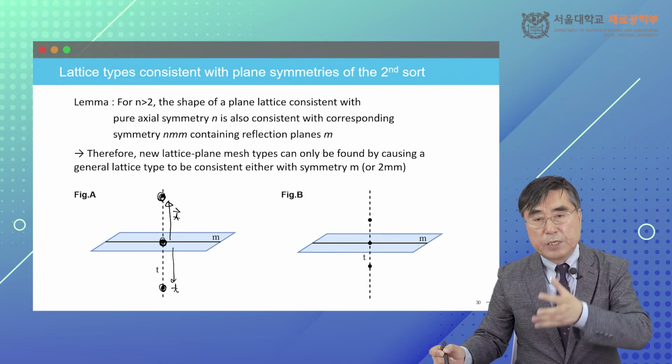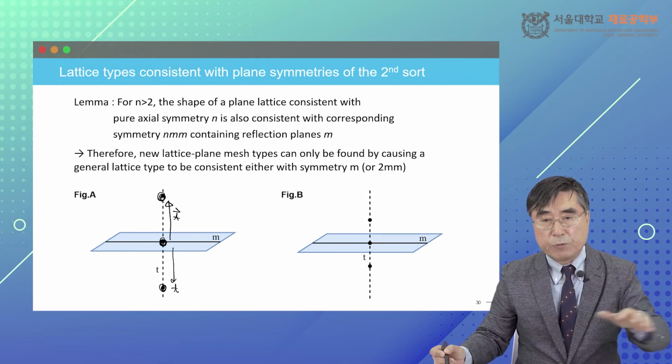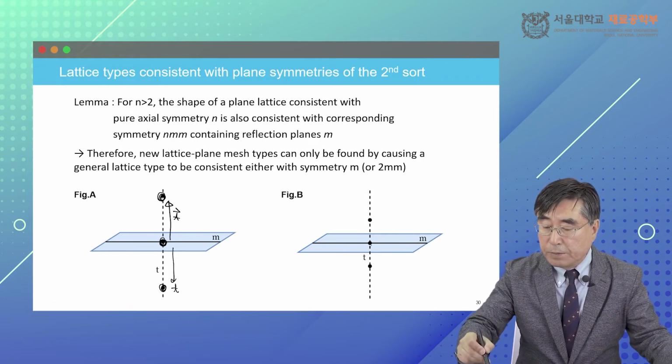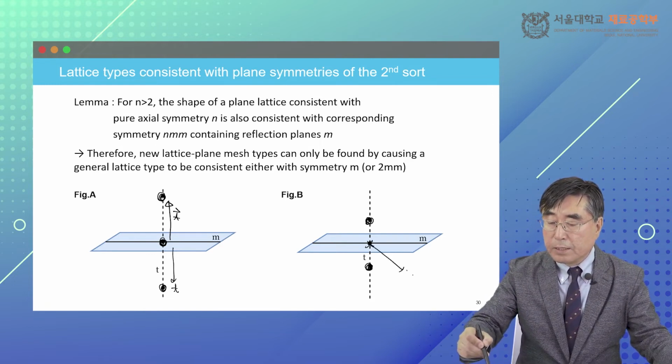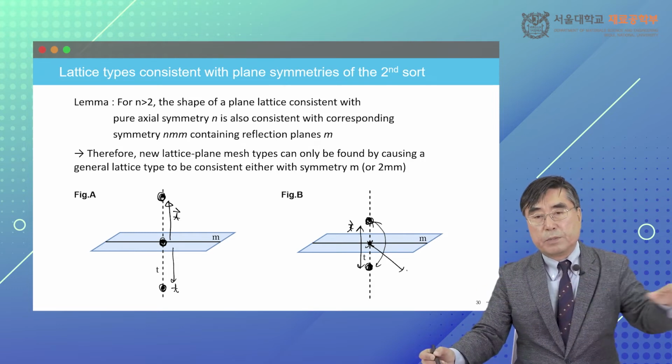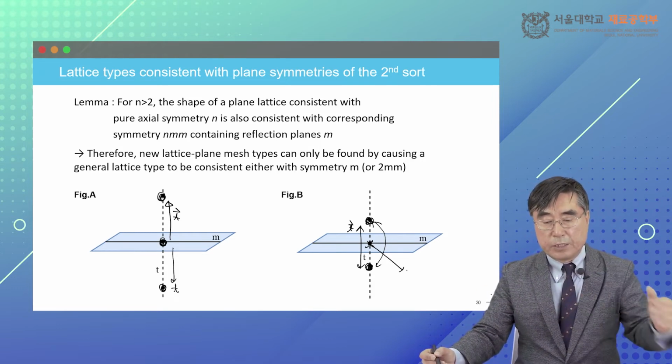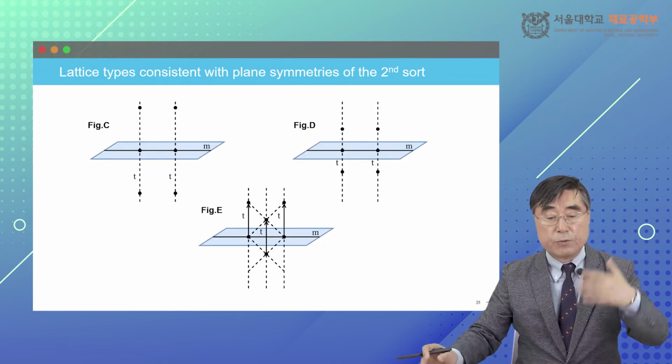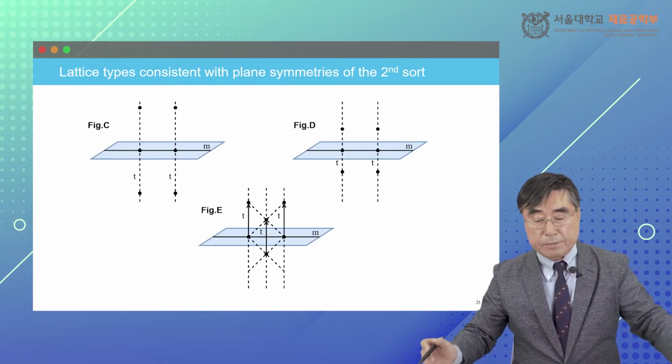And in the case of a mirror plane, there is another way that we can put the mirror plane. The mirror plane can be put in between the lattice points. So these are the translation vectors, but now we put the mirror plane in between the lattice points. There are two sets where we can put the mirror planes.